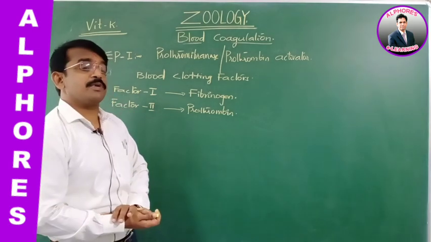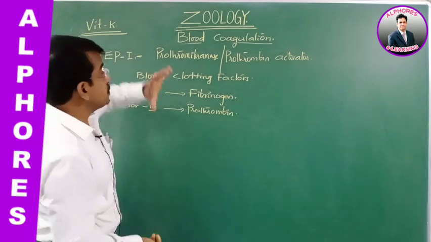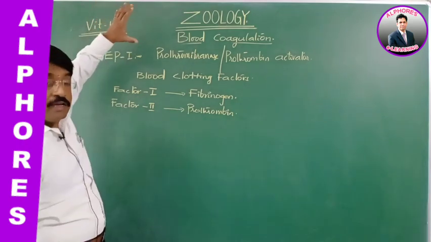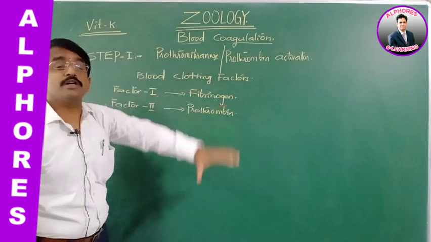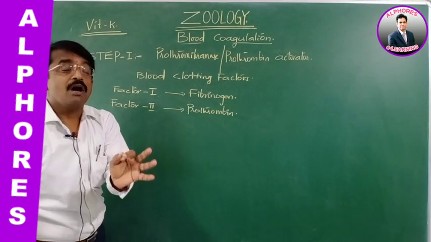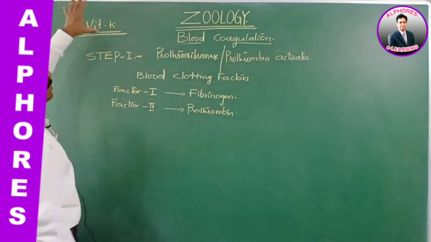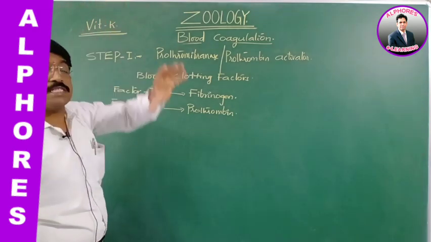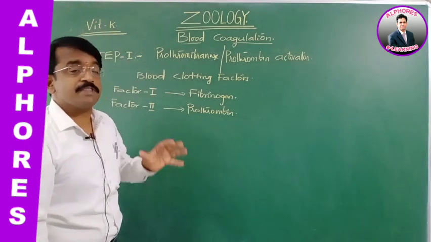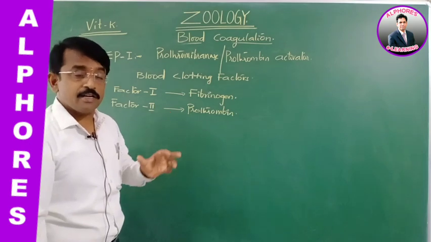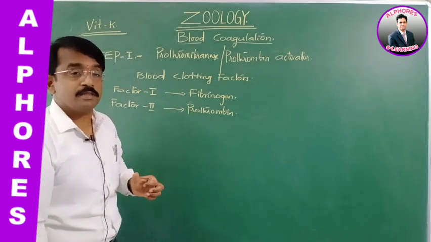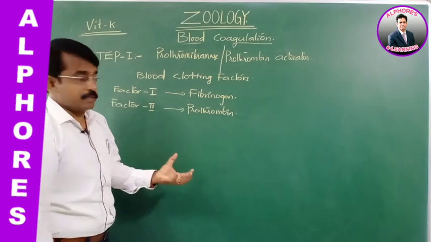Loss of blood is hemorrhage and bleeding, which is prevented by vitamin K. Hence it is an anti-hemorrhagic vitamin. So vitamin K influences the liver for the synthesis of factors 2, 7, 9 and 10. Now we'll see those factors.